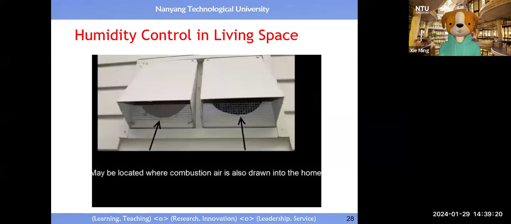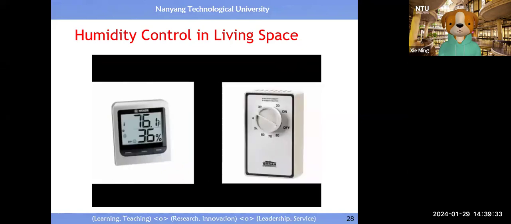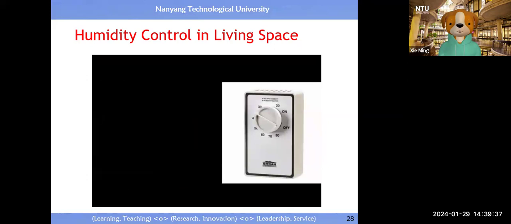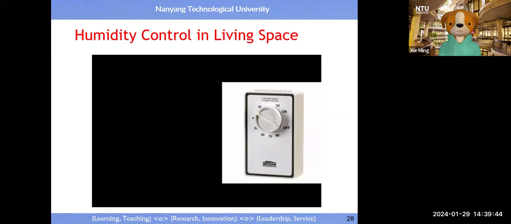Fresh air intakes should be located well away from vehicle exhaust, pellet stove exhaust, and dryer exhaust vents. You can monitor your indoor humidity levels with an inexpensive humidity gauge or use a wall-mounted dehumidistat switch connected to an exhaust fan. Dehumidistats are most effective when connected to a forced air furnace fan, which has an outdoor fresh air intake as part of the return system.